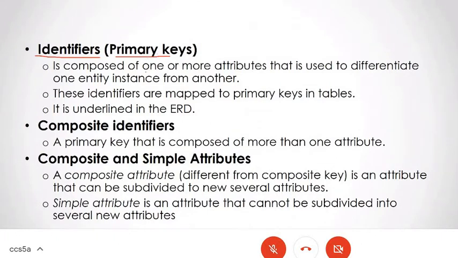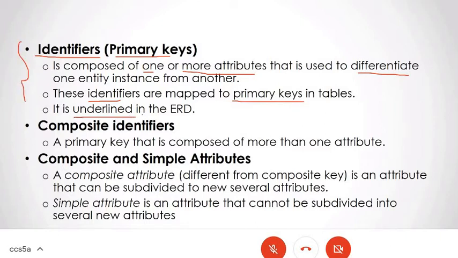So it is a set composed of one or more attributes that we normally use to differentiate one instance from another. And these identifiers are mapped to primary keys in the table, and in our model we normally underline. So we have been doing this already.